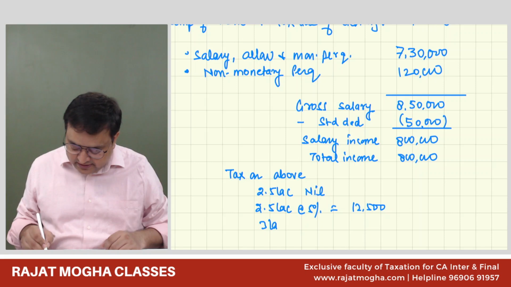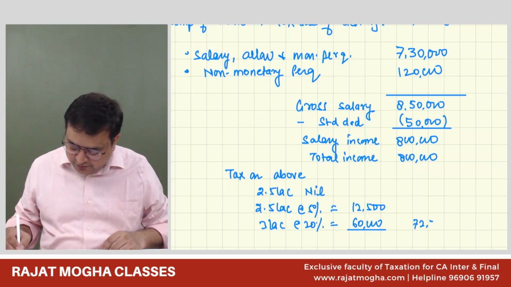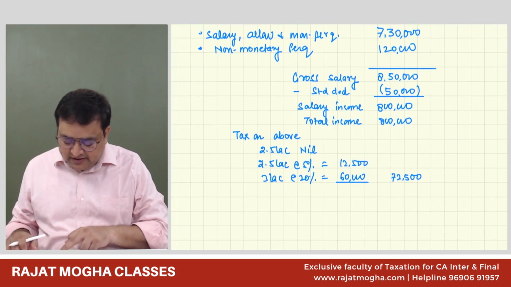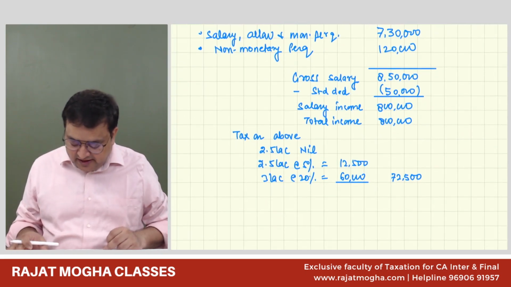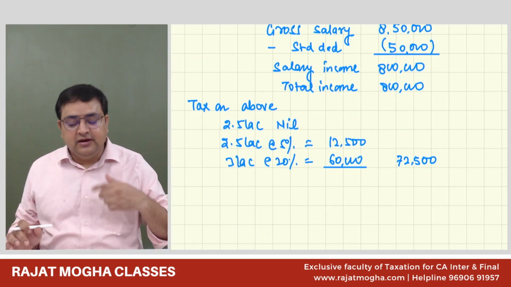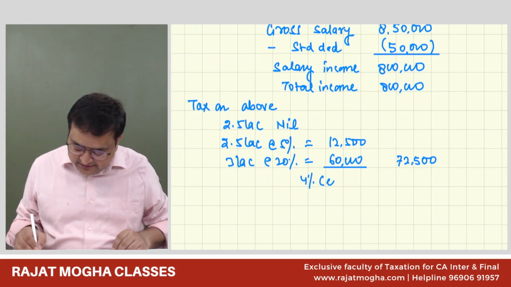So on 3 lakh, it would be 20%. 72,500. And we understand that salary is one of that section of TDS 192, that here we deduct TDS including cess. So 4% would be the cess.